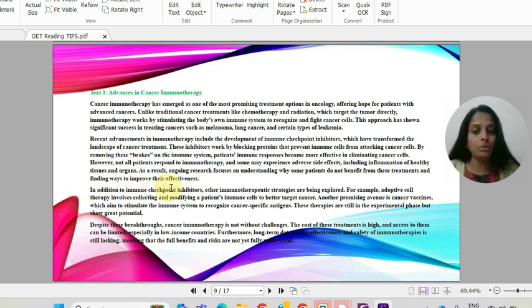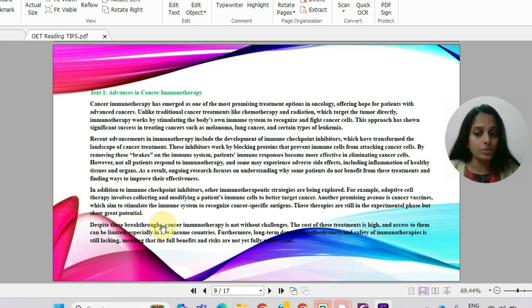In addition to immune checkpoint inhibitors, other immunotherapeutic strategies are being explored. For example, adoptive cell therapy involves collecting and modifying patients' immune cells to better target cancer. Another promising avenue is cancer vaccines, which aim to stimulate the immune system to recognize cancer specific antigens. These therapies are still in the experimental phase but show great potential.